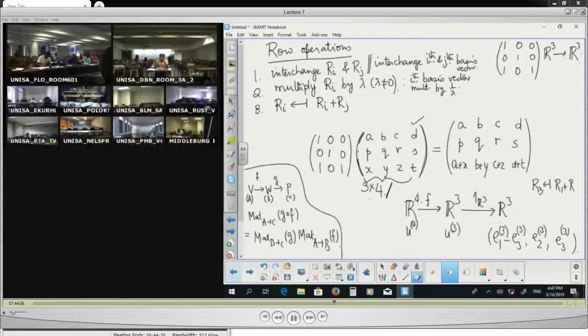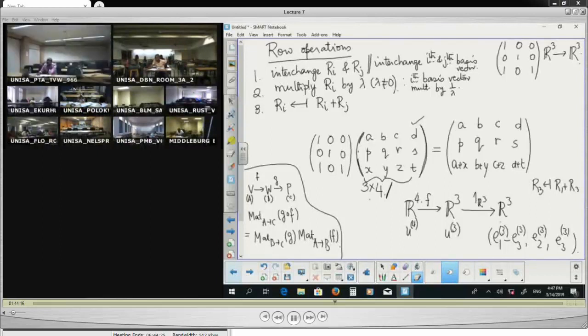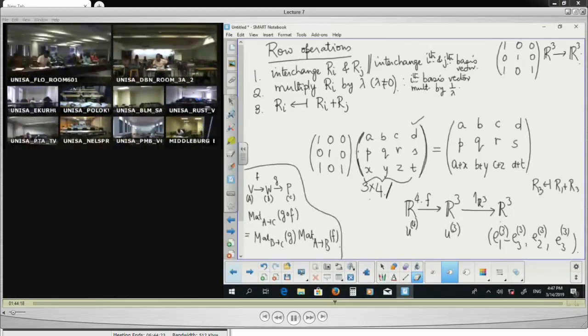So over here, the ith basis vector becomes the ith minus the jth.